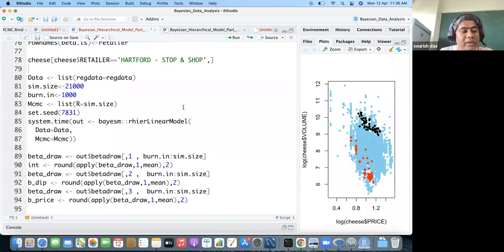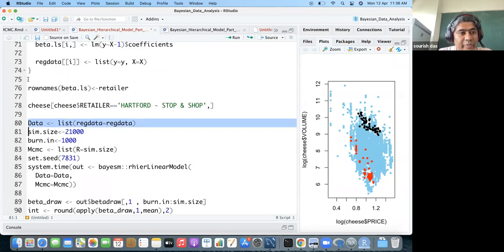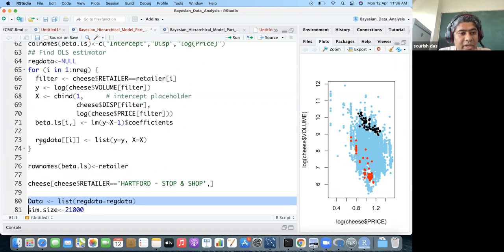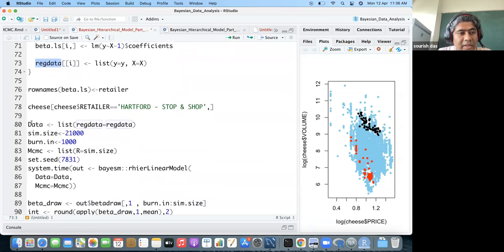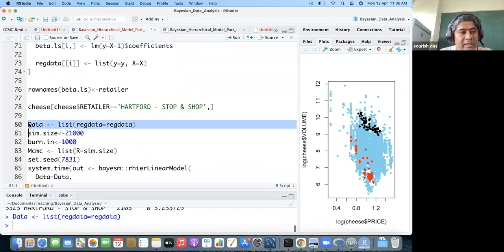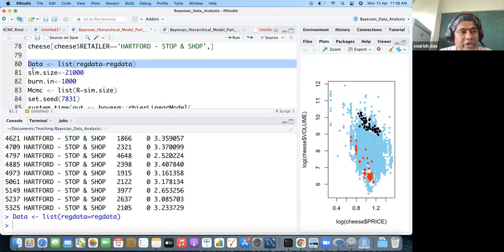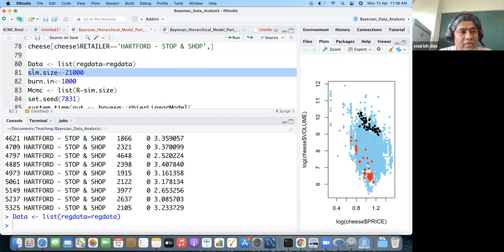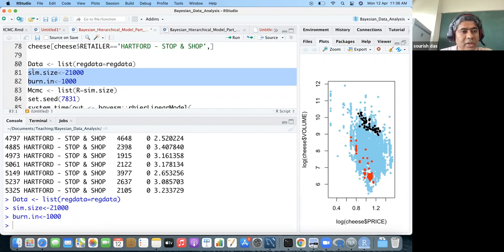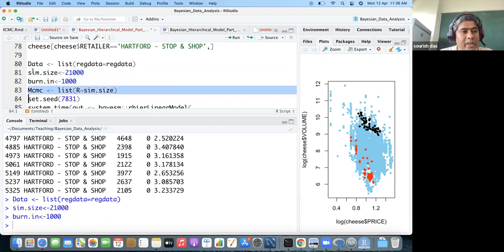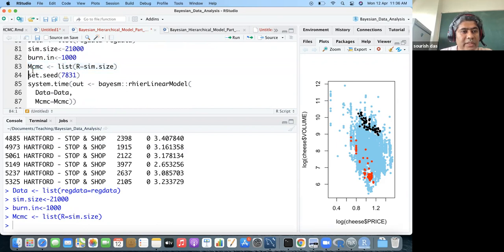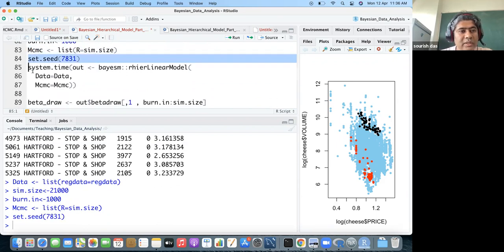Then what I did, basically, remember that this regression data was modeled as a list with y equal to y and x equal to x. And then that list has gone in as data. Then the simulation size we chose as 21,000 and burn-in 1,000. And then the MCMC parameter is this.